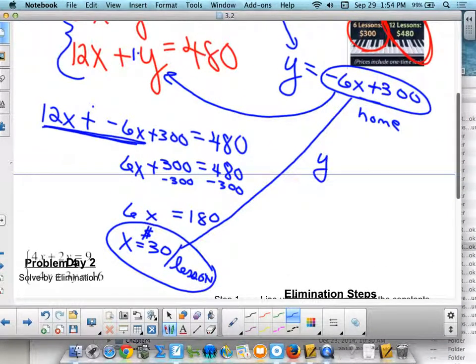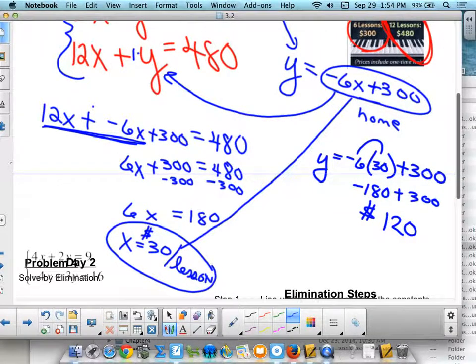Y would equal 300 minus 6 times 30. That's negative 180, which makes 120. One-time fee.